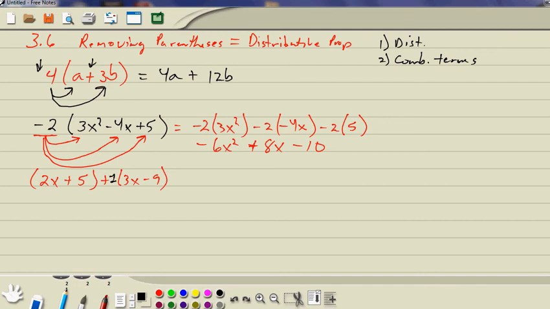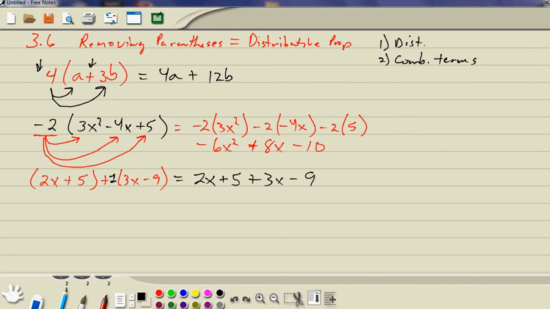Okay, and if there is no coefficient out here, then the coefficient will always be 1. So let's just get rid of the parentheses. Here, since there's nothing on the outside, we just drop them. Here I apply my positive 1, so it'd be positive 1 times 3x is 3x. Positive 1 times a negative 9 is negative 9.